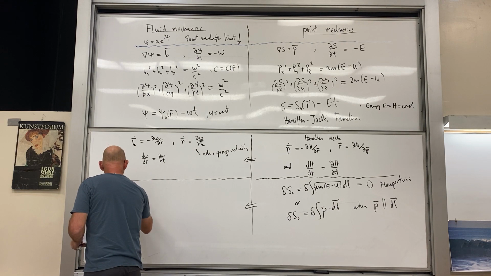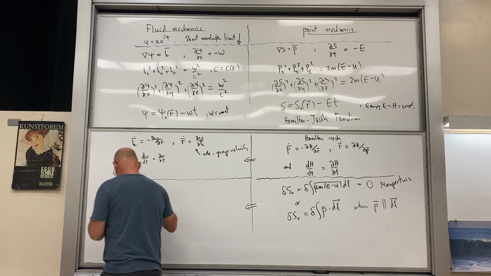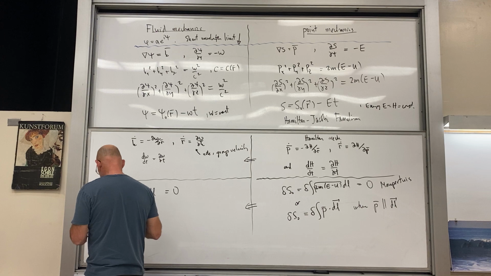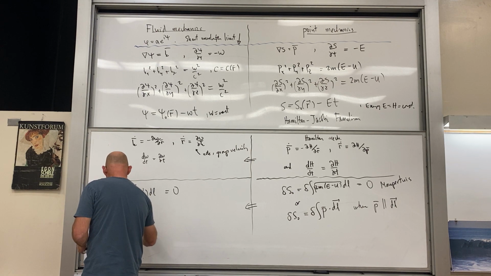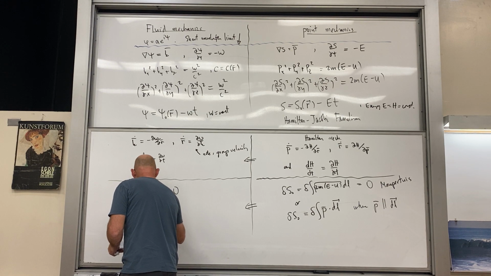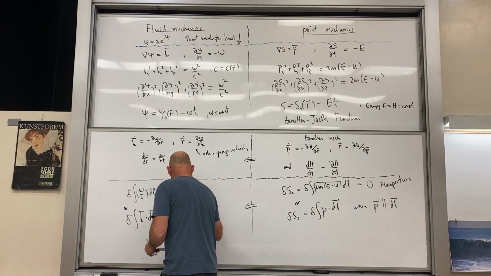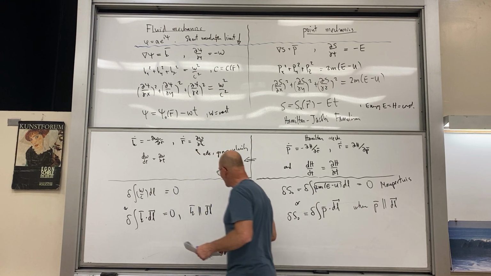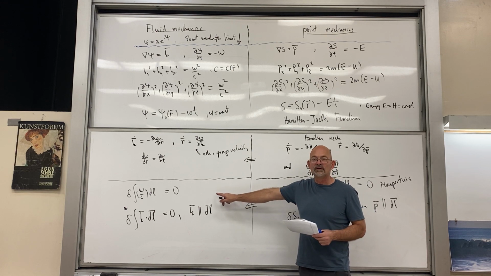So here we have integral omega over c dl equals 0, or variation of k dot dl equals 0, or k and dl are parallel. And this, as we're going to see, is Fermat's principle.